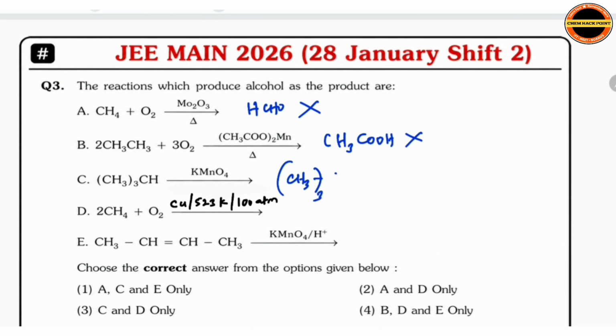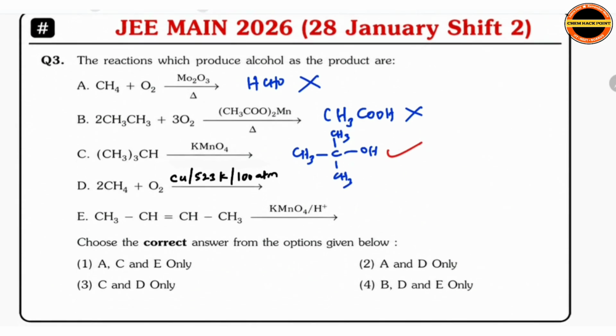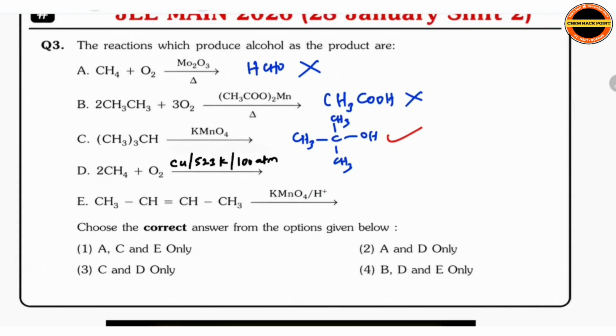So C is correct. Then CH₄ plus O₂ with copper produces methanol. We already wrote these reactions above just now. Yes, it is also correct. So presently C and D.